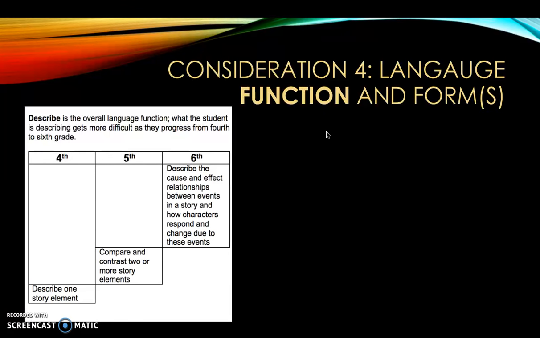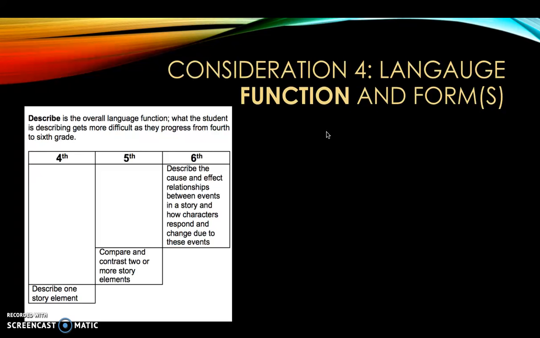The 4th consideration is to then draw out the key language function or functions and forms. You'll notice how the teacher thought through this here. In 4th grade, students are using mainly the language function of describe. In 5th grade, that changes to comparing and contrasting. We do know that in order to compare and contrast, you also do need to describe.